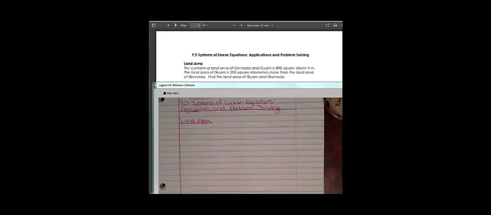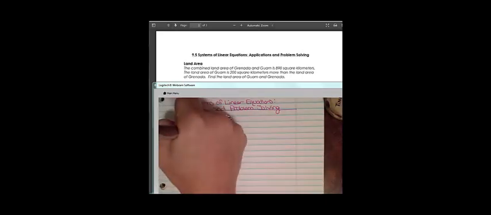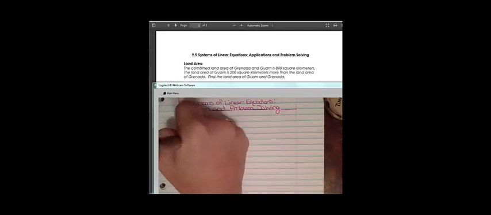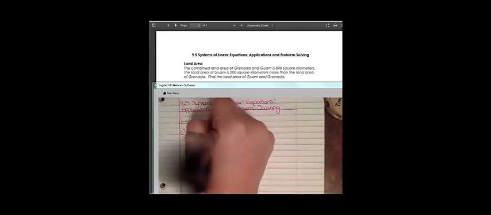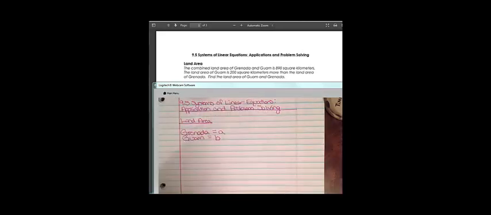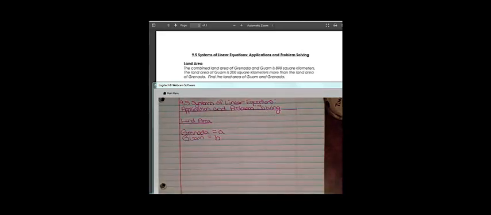Of course we have two countries that both start with G, so we can't let one of them be G. So I'm going to assign them each a letter so that we can write equations for these. Let's say Grenada's A, Guam's B. If you don't like those, you can make them whatever you like, but I'm going to do that so we can get through this problem a little bit simpler.